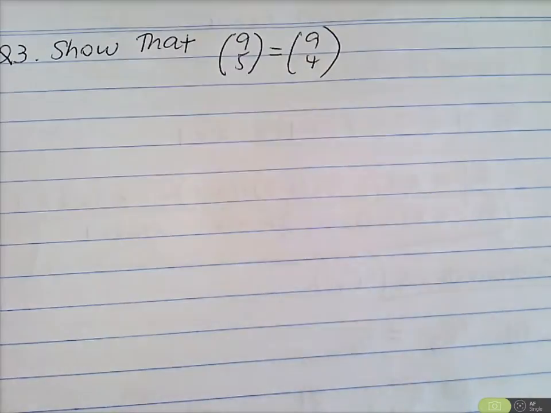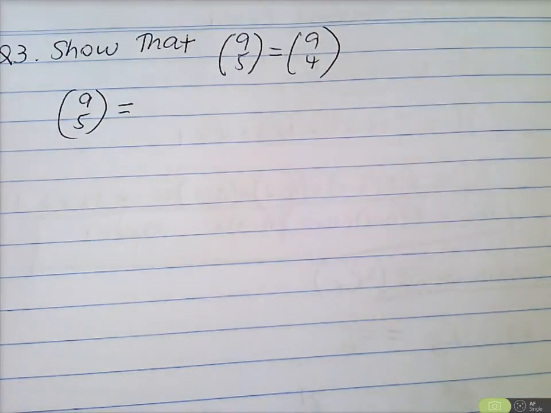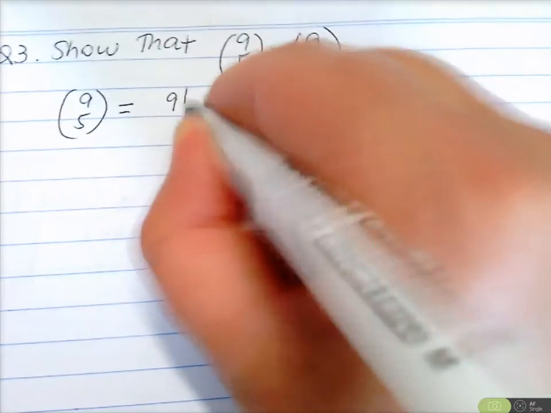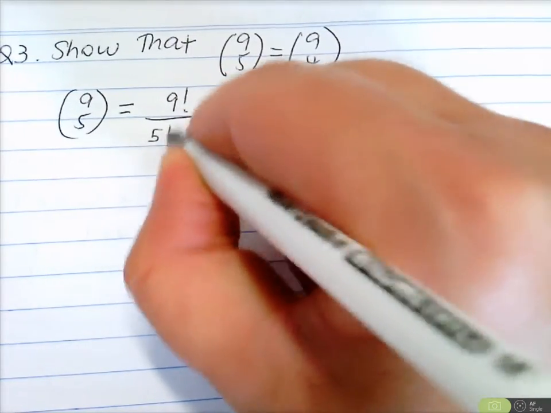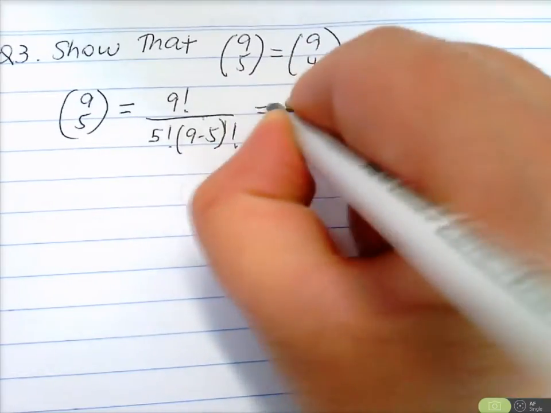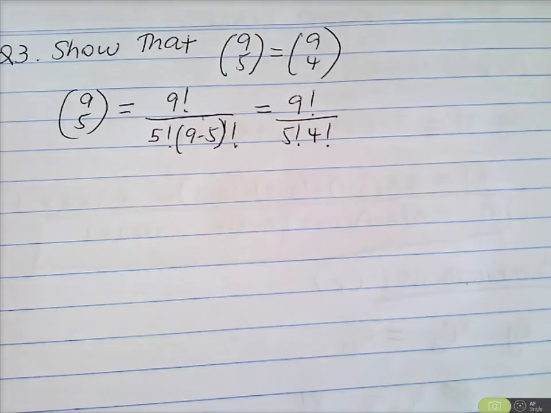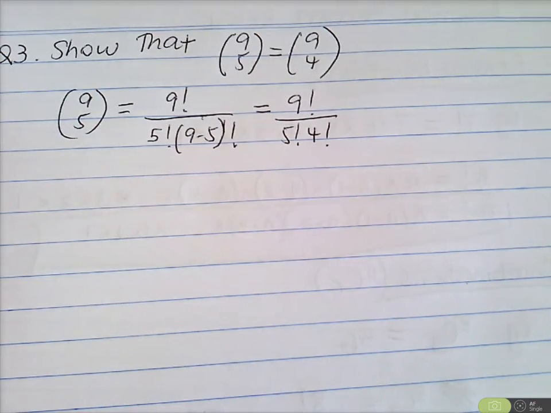How would you show that without working them out? So you'd go 9 on 5 is the same as, what is it? By definition? 9 factorial over 5 factorial times 9 minus 5 factorial. Do you know what I mean? Which is 9 factorial over 5 factorial times 4 factorial. You could, but I'm just showing every single step. Okay?